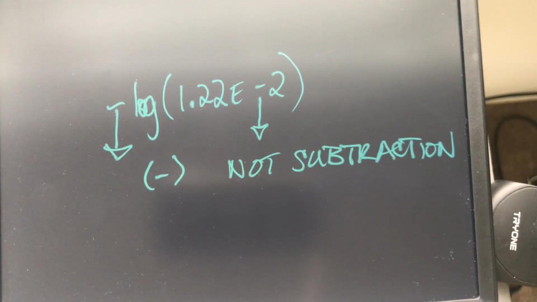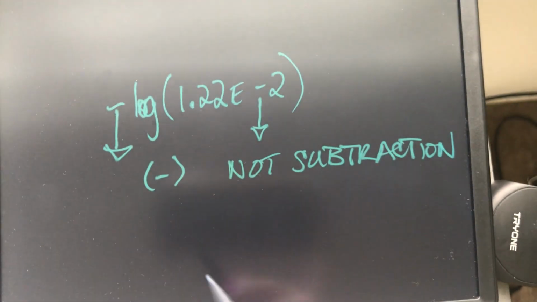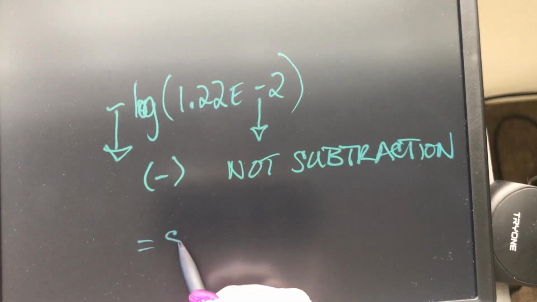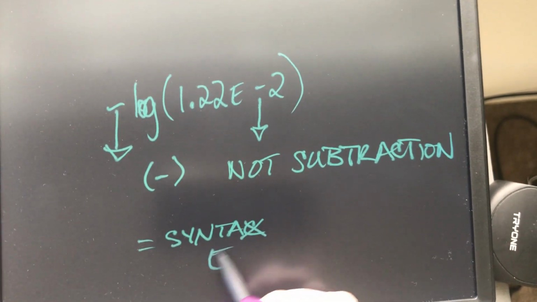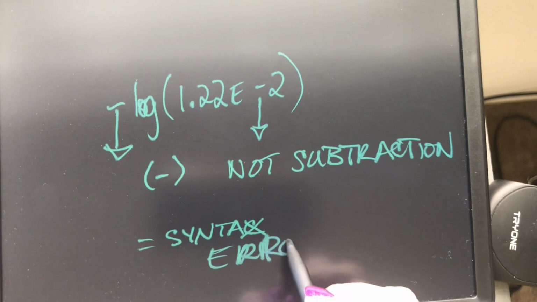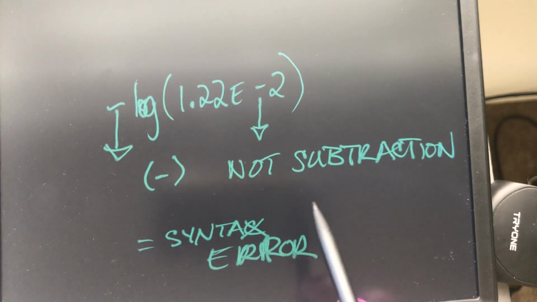Why that matters so much, I don't know, but it does. That's the most common place that I see students struggling to get an answer. Usually if you put the subtraction sign instead, it'll give you a syntax error. I was trying to write and look at the screen while not looking at what I'm writing. It was bad. You guys don't care. That's the one that I think people struggle with the most: it has to be the negative sign, not a subtraction symbol.